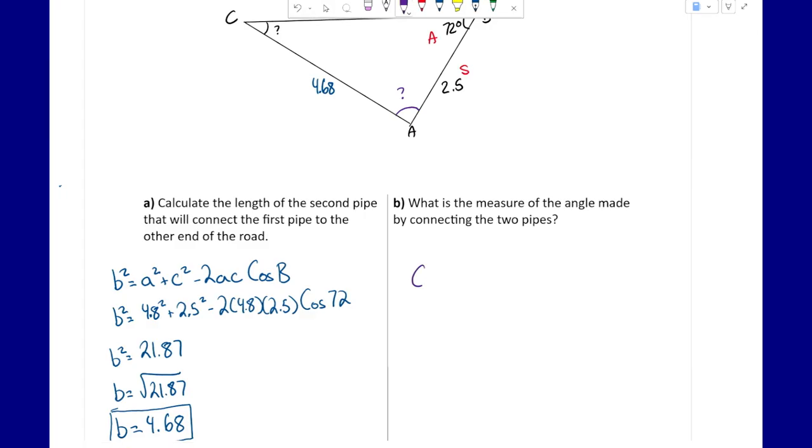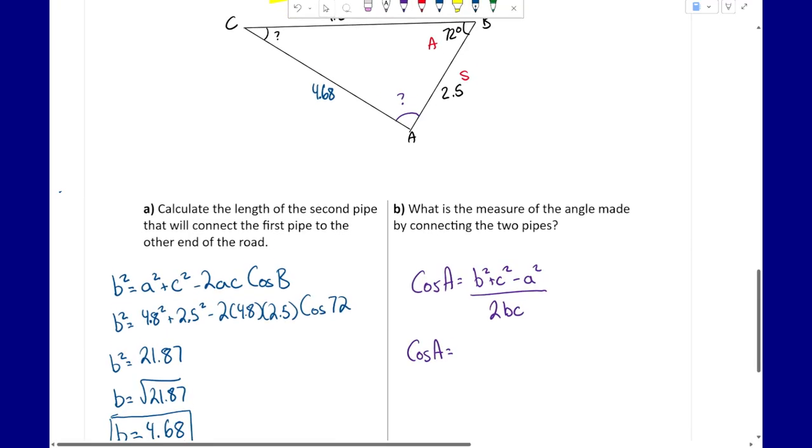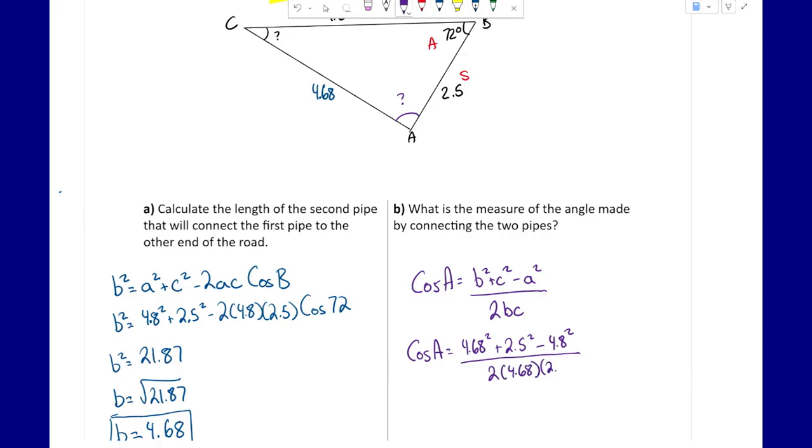So I'm going to be looking for cosine of angle A. That means my formula is going to be B squared plus C squared minus A squared, divided by 2BC. Again, this just comes from our note. Cosine A is going to equal B squared, which is 4.68 squared, plus C squared, or 2.5 squared, minus 4.8 squared for side A, and then 2 times 4.68 times 2.5.